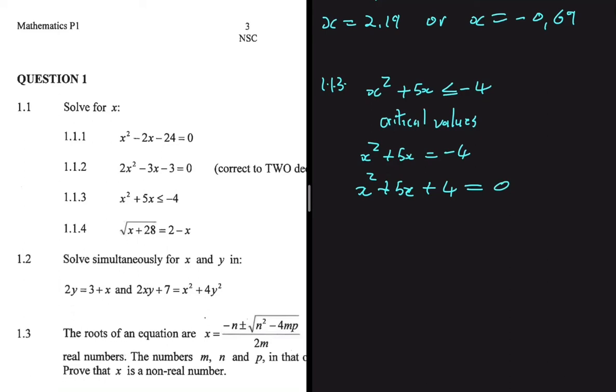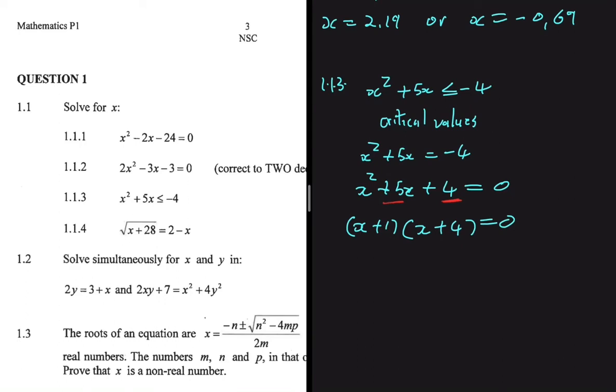So now we can factorize this. Which two numbers do we multiply and we get 4, but then when we add them we get plus 5? That's easy. 1 and 4, right? So we're going to have x plus 1, right, multiplied by x plus 4 being equal to 0.